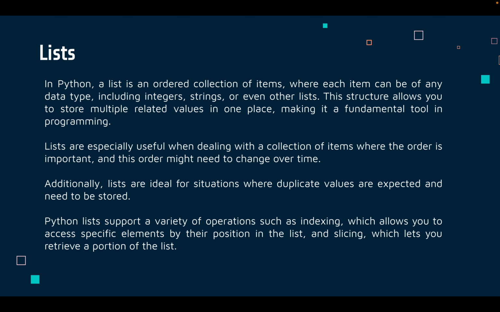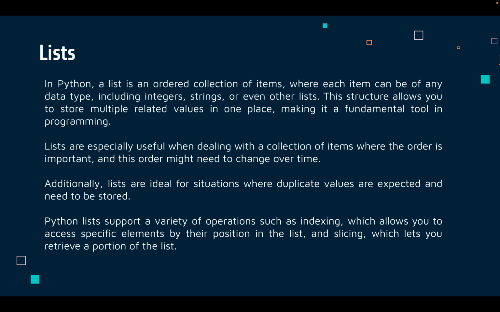A list in Python is an ordered collection of items where each item can be made up of any data type. So unlike the example I showed you that was all the same data type, a list can have integers, strings, other lists. You can store multiple related values in one place, and they are useful when dealing with collections of items where the order is important, and this order might need to change over time.